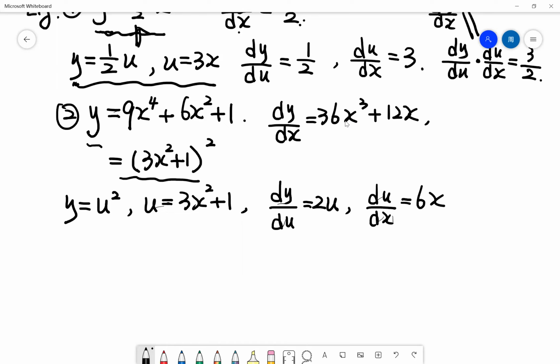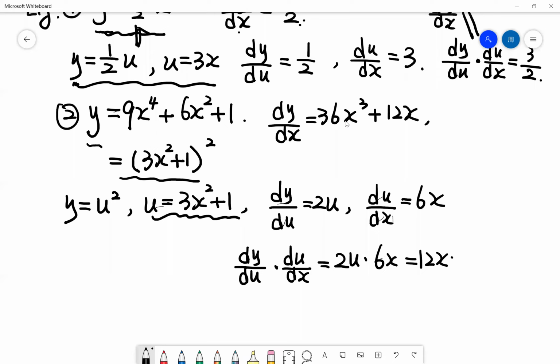Okay. So here we know that dy by du times du by dx should be 2u times 6x, right? That equals 12x times u, and u equals 3x squared plus 1.